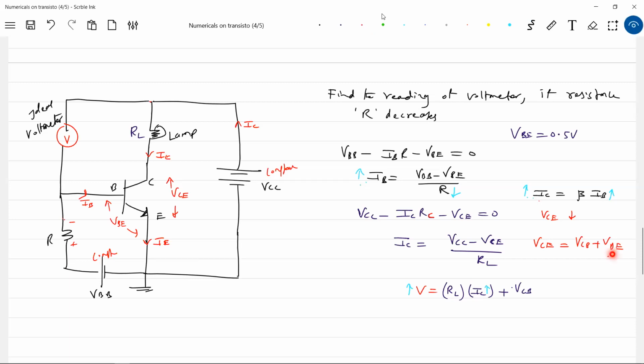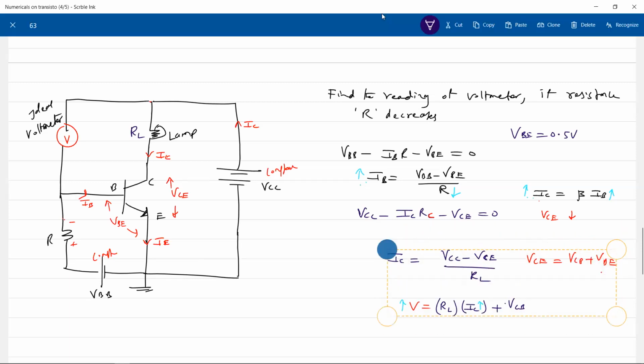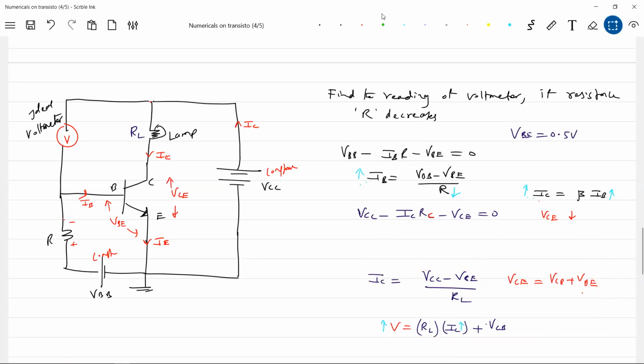If VCE decreases, VBE is a constant, so VCB also decreases, no, sir. Let me take all the equations at one place. Then it'll be easy for me.